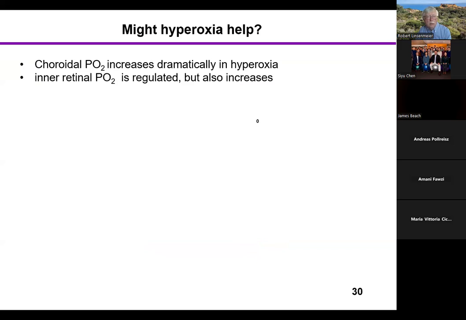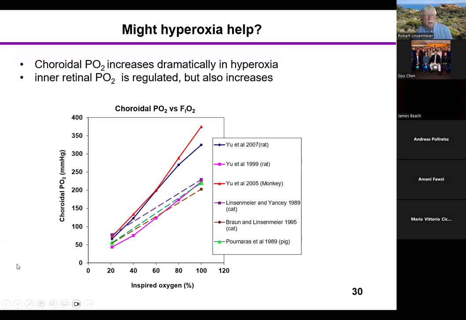So we thought that choroidal PO2, which increases dramatically in hyperoxia, might help the situation. So this is choroidal PO2 as a function of inspired oxygen from several studies. And you can see that as inspired oxygen increases, the choroidal PO2 goes way up.